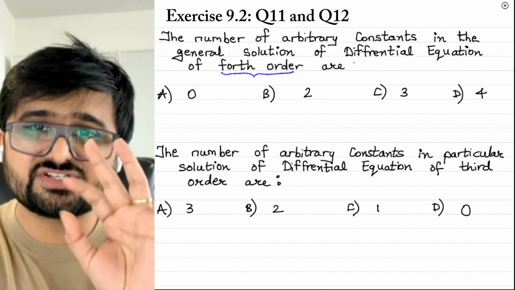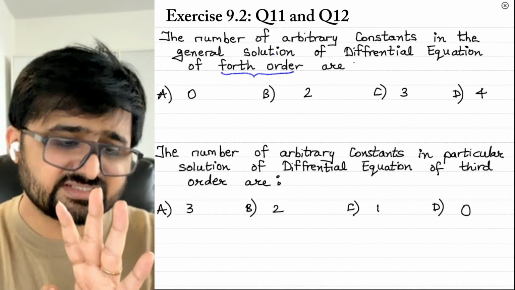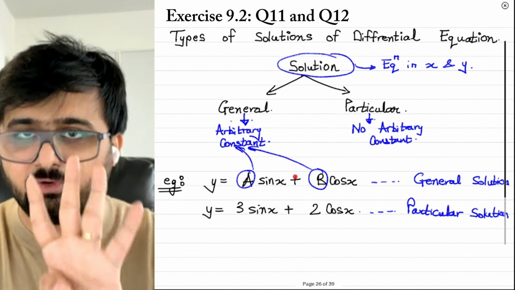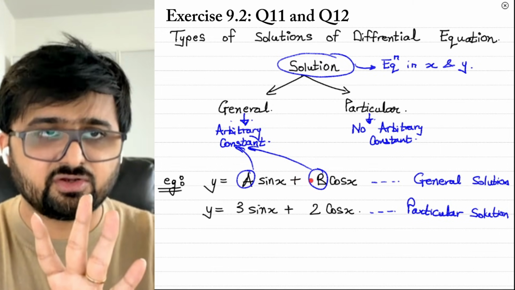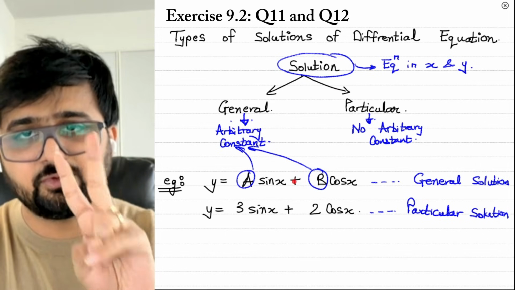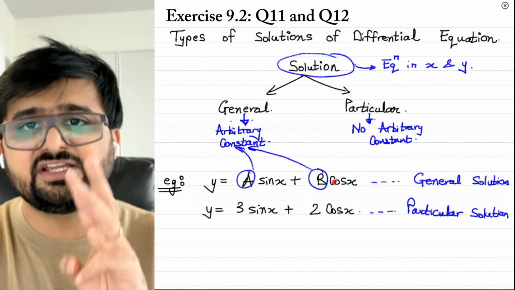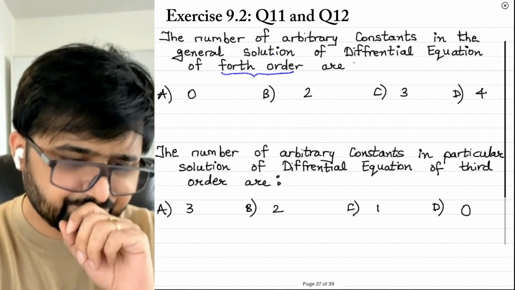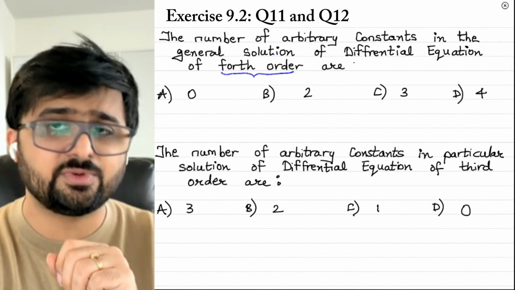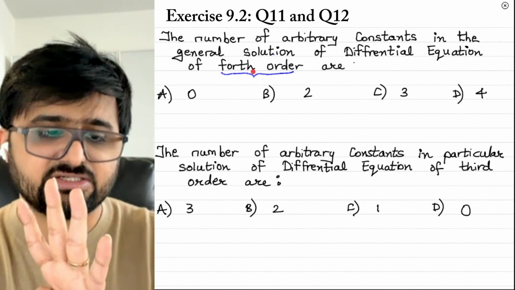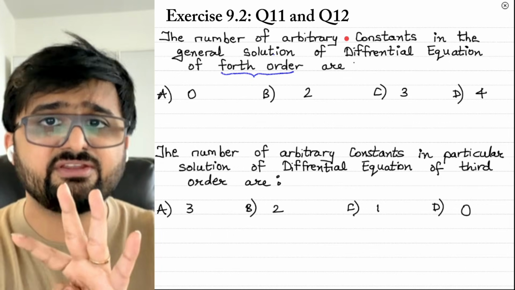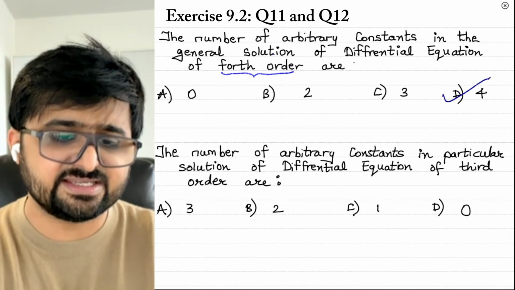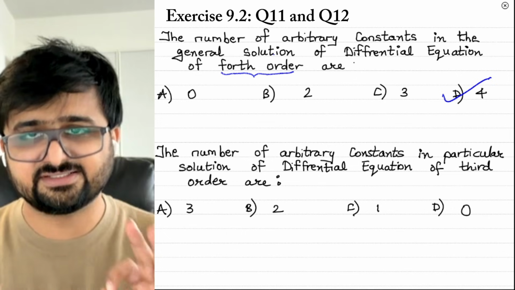Since this is a fourth order differential equation, you would have to take the derivative four times, and for that there should be four arbitrary constants present in that equation of x and y. So in this case, the answer is four. I hope that explanation is clear.